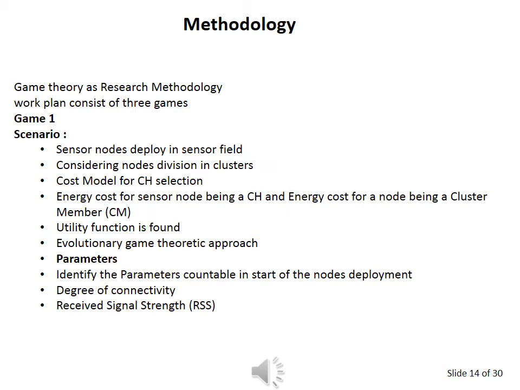Okay, parameters at game 1, that is at the start of the sensor network environment, are considered the degree of connectivity and the received signal strength. These two parameters are very countable and very important for the rational selection of the cluster head.